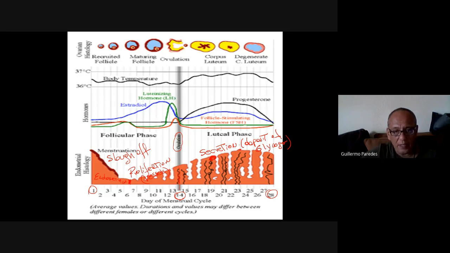When that happens, the endometrium is ready and prepared to give the nutrients. Glycogen is a polysaccharide, a big molecule of glucose, so it is going to give energy to the division of the egg. So the endometrium has 2 phases: the proliferative phase, proliferation of vessels, and then comes the secretory phase.